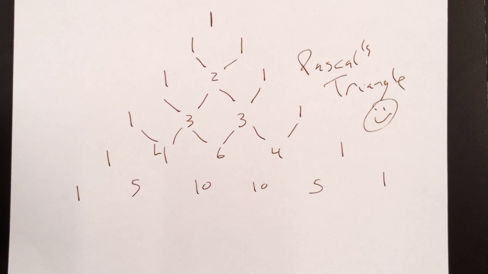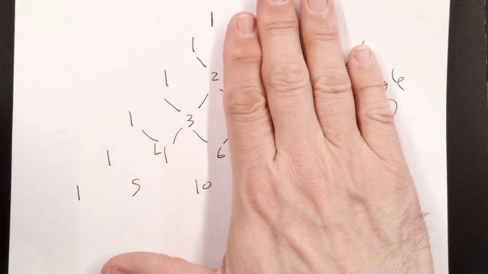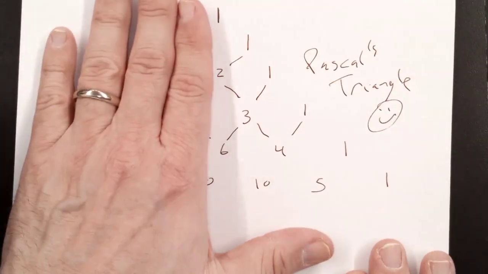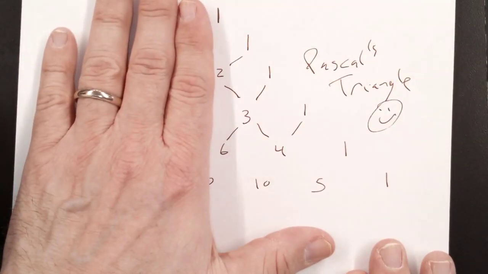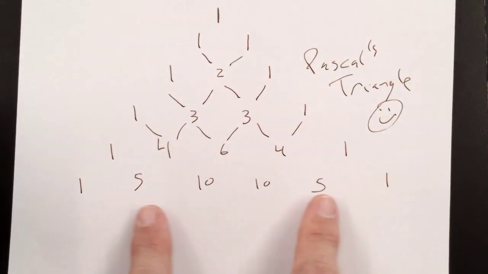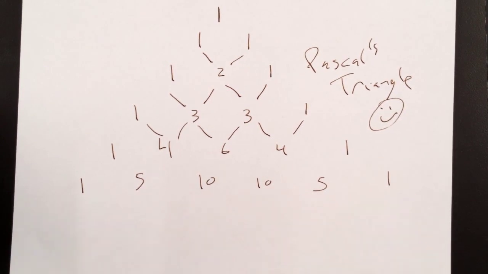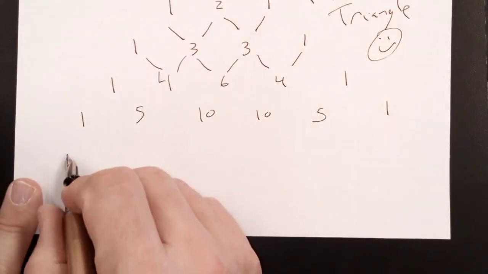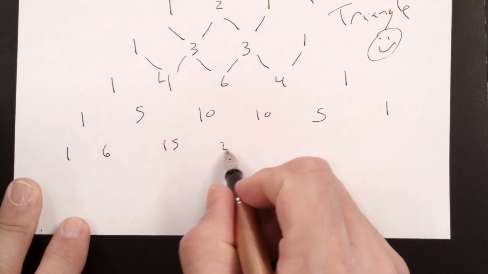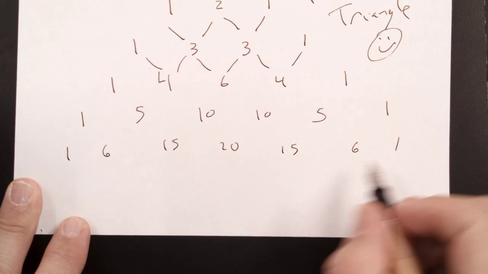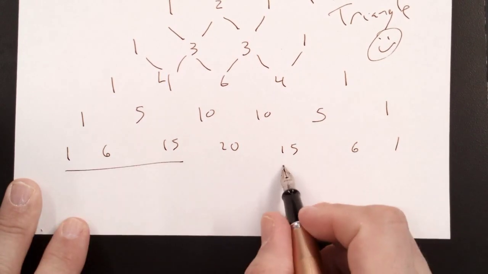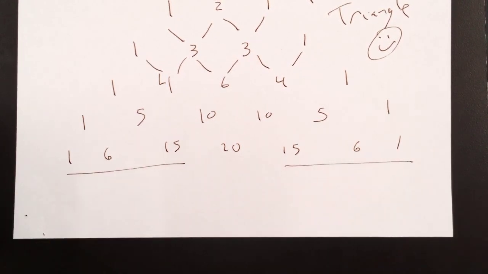Because if there's only one thing, I don't care what order it's in. But the triangle is symmetric. The same numbers are on both sides of the middle. If I were to do the next row, it's always the same.